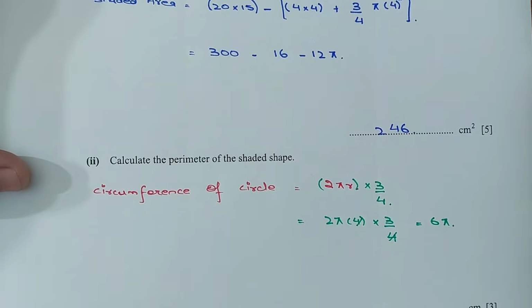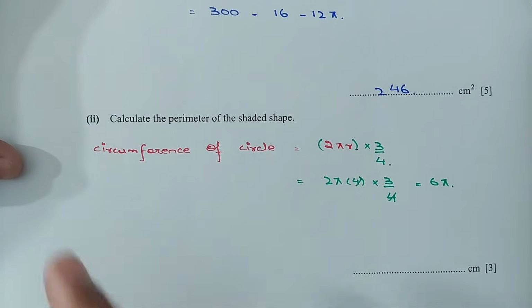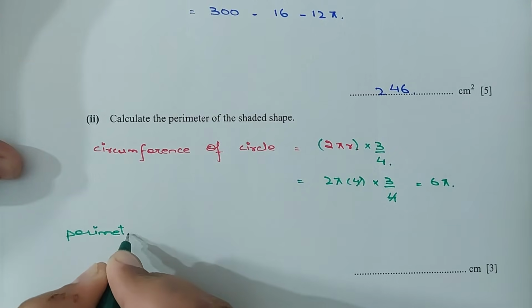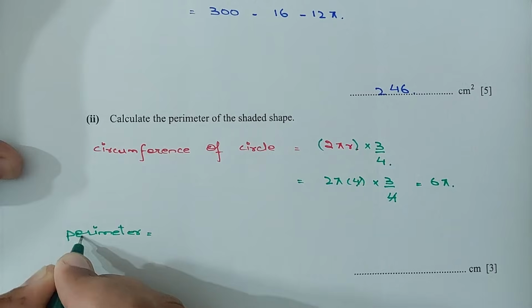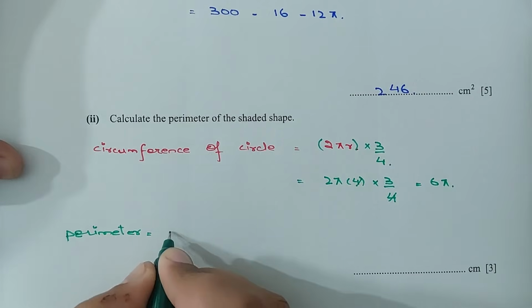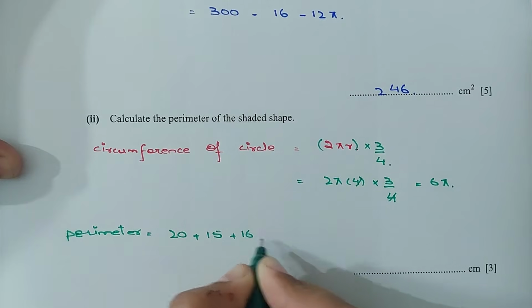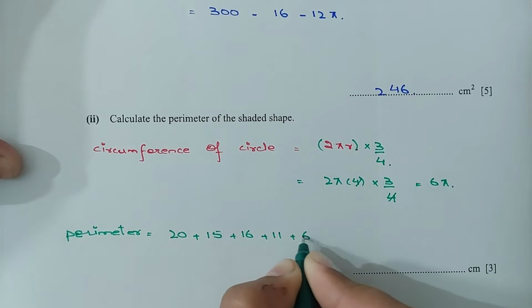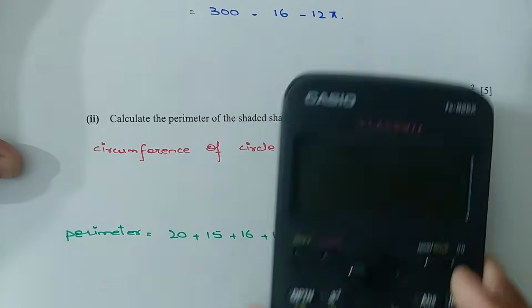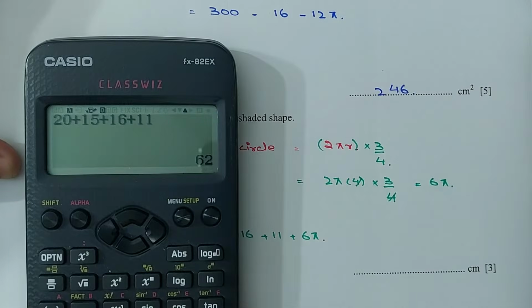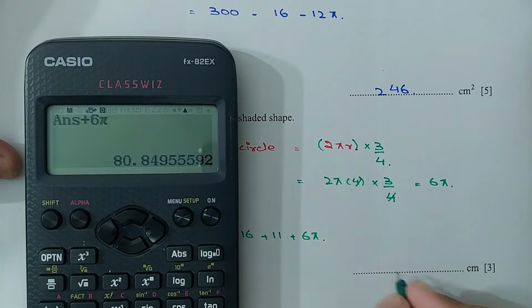Now let me solve for the perimeter: 20 plus 15 plus 16 plus 11 plus 6 pi, which is 80.8 centimeters.